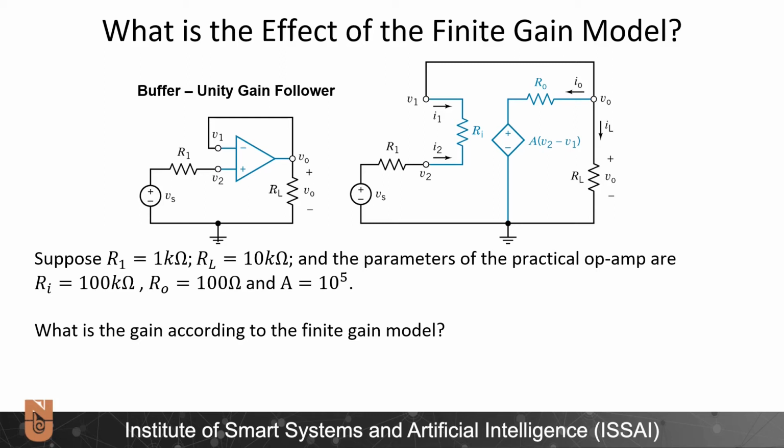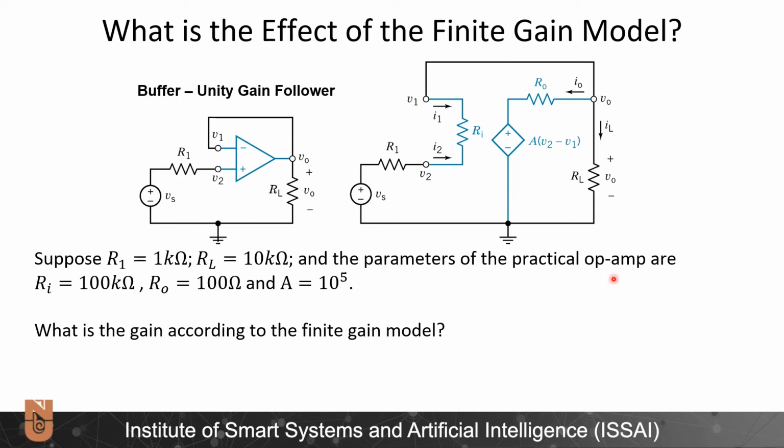Here in this question, we have a unity gain follower. It is a buffer circuit. It takes an input and just brings it to the output. The gain of this circuit is equal to 1. And here on the right, I replace my op-amp with the finite gain model of the operational amplifier, and this is the resultant circuit.